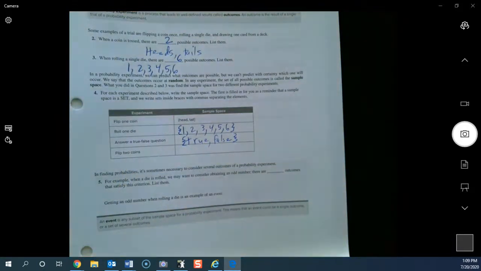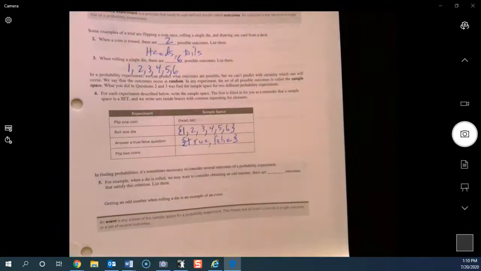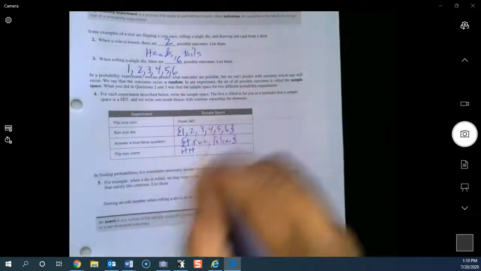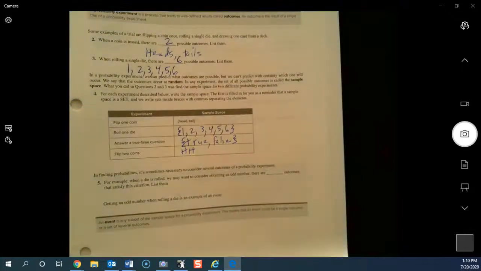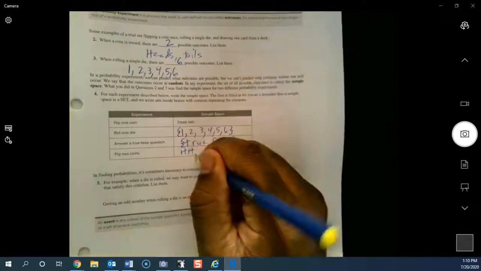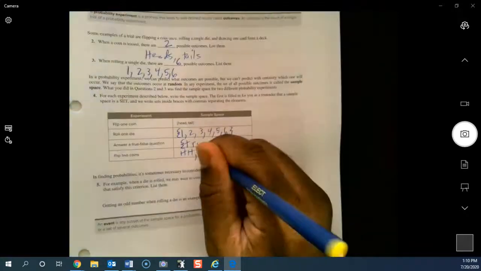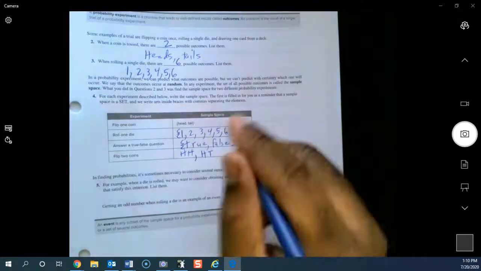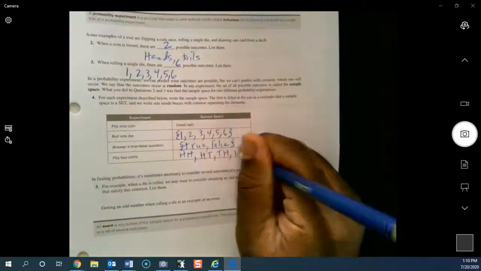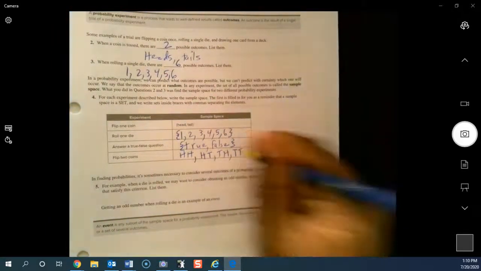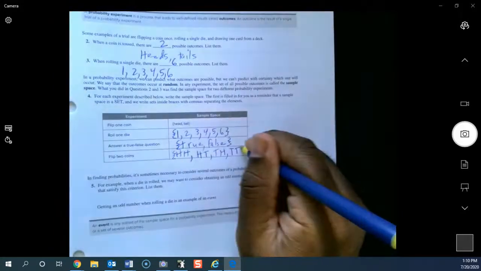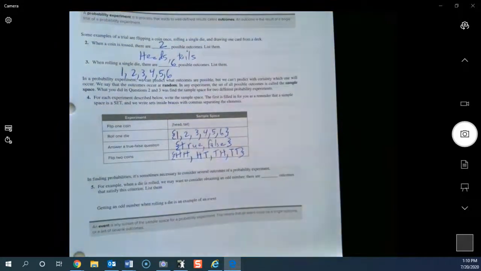Now this is a little different because on one flip of the 2 coins, you can have both of them heads. The second, you can have a head and a tail. The third, you can have a tail and a head. And the fourth, you can have 2 tails. These are all the possible outcomes, and these are all the elements of the sample space.